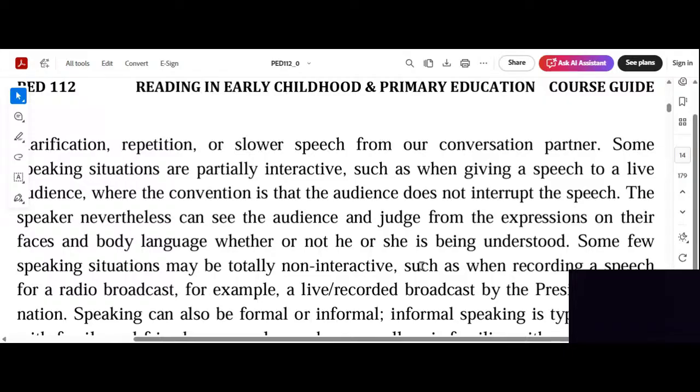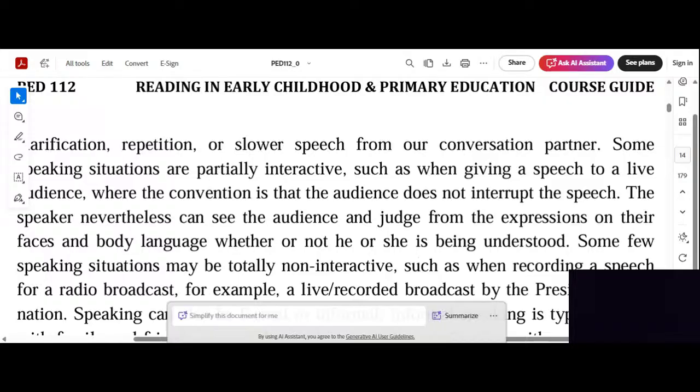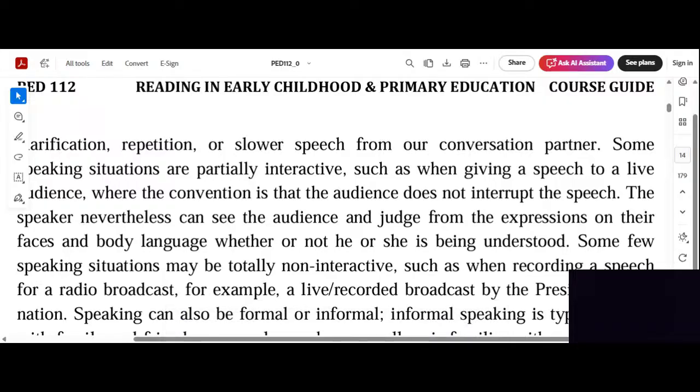So in this form, we have partially interactive. This class that we are having now, you can say it's a partially interactive session, because although you are allowed to interact with me through the chat box, it's not like you are seeing me and we are actually discussing or talking.